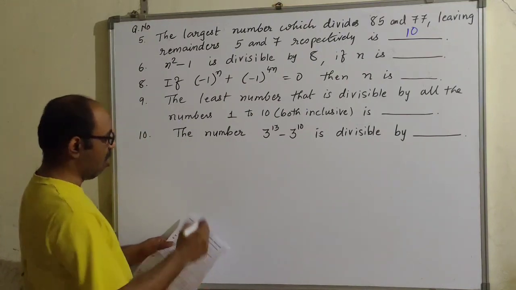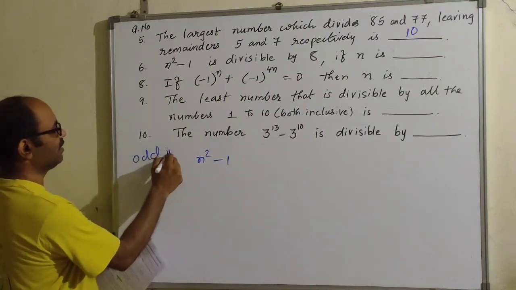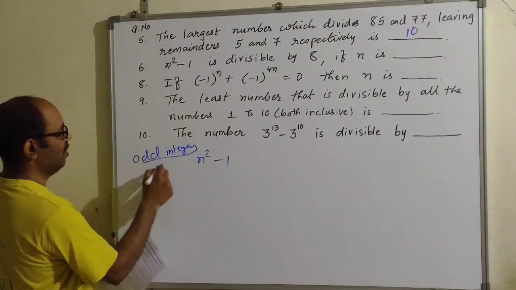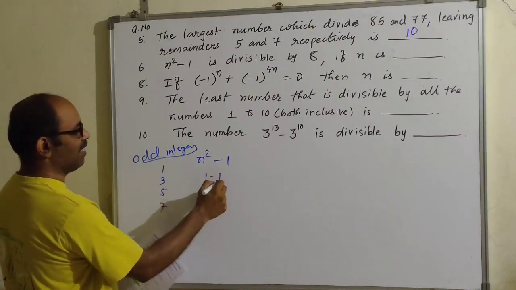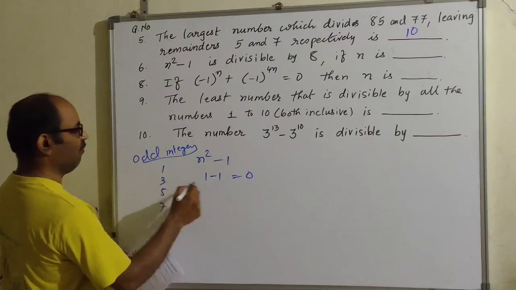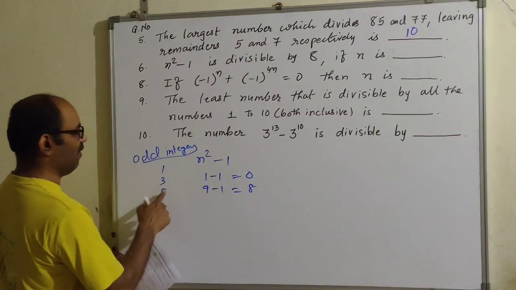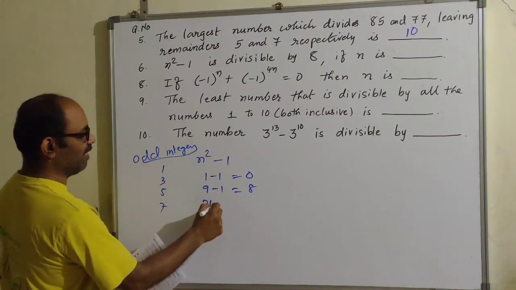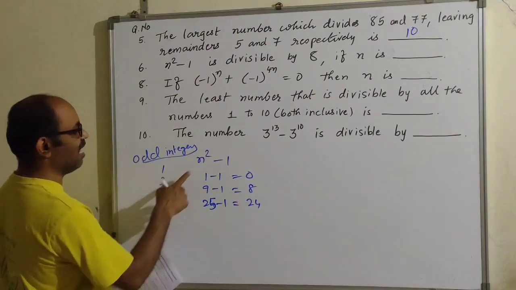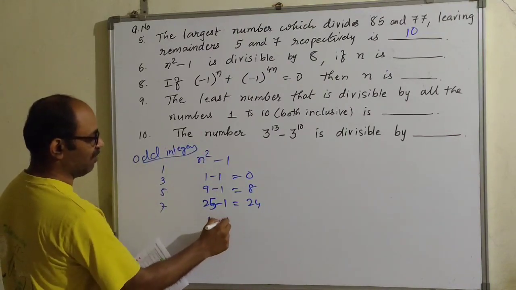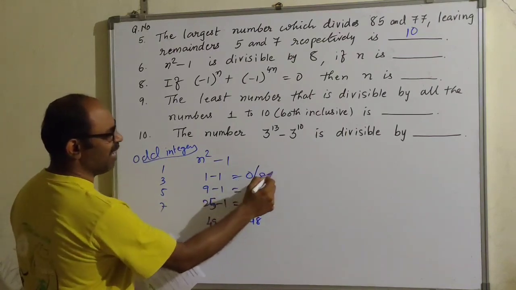Odd integer. N square minus 1. Which are odd integers? 1, 3, 5, 7. If I put 1, 1 minus 1 is 0. If I put 3, 3 square is 9 minus 1, that is 8. If I take 5, 5 square is 25 minus 1, that is 24. If I take 7, 7 square is 49 minus 1, that is 48. Is this divisible by 8? Yes.